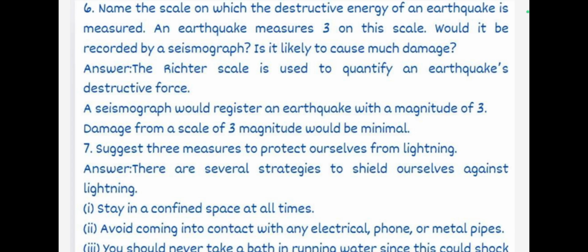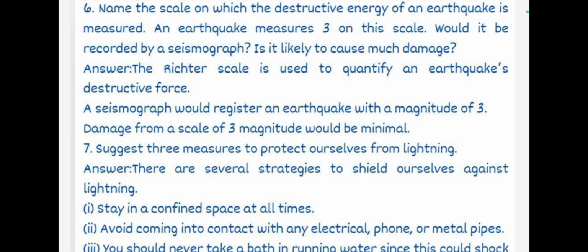An earthquake measures 3 on this scale. Would it be recorded by a seismograph? Is it likely to cause much damage?